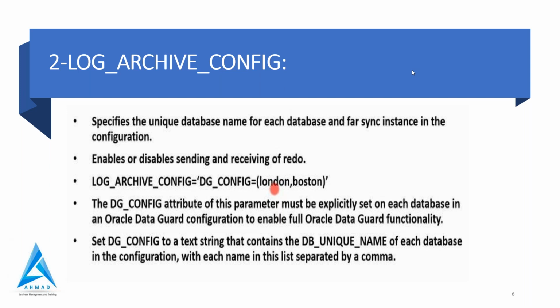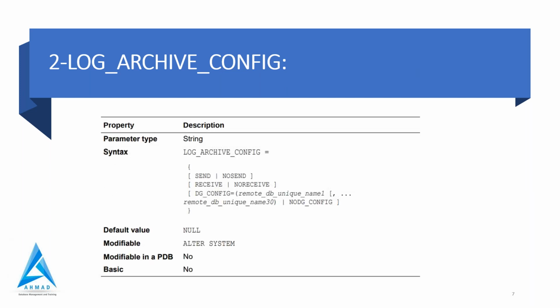Some other things are also attached, like SEND, NOSEND, RECEIVE, NORECEIVE, etc., which we will discuss in a separate session. Only focus on LOG_ARCHIVE_CONFIG equals DG_CONFIG and then the unique names of whatever standby you have. The default value is none.